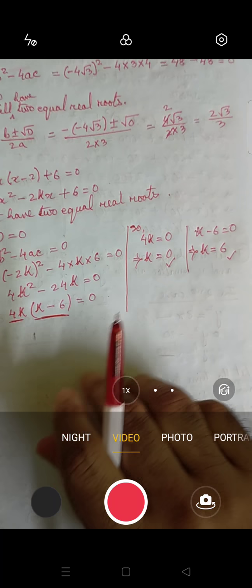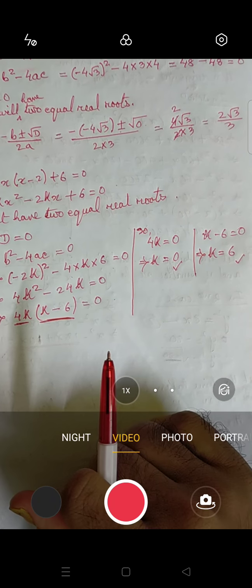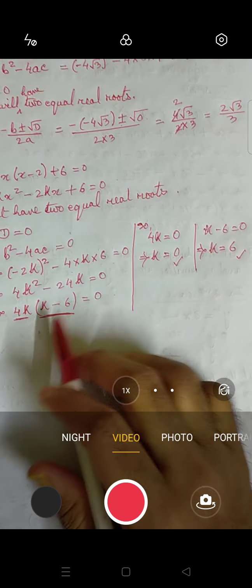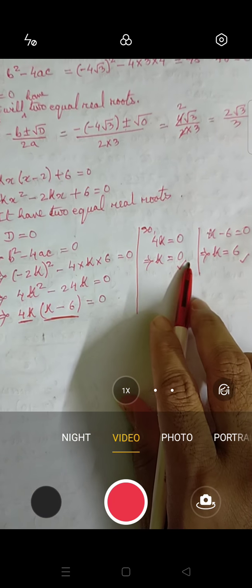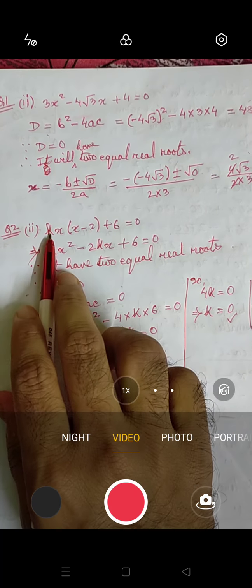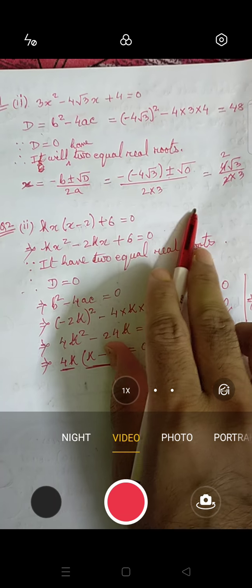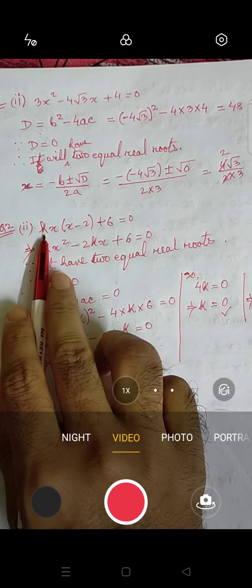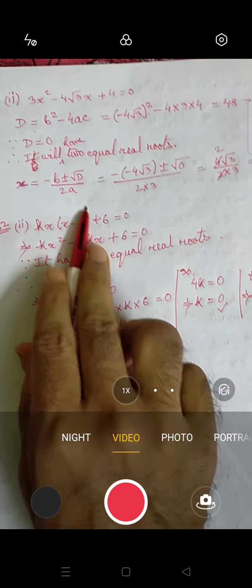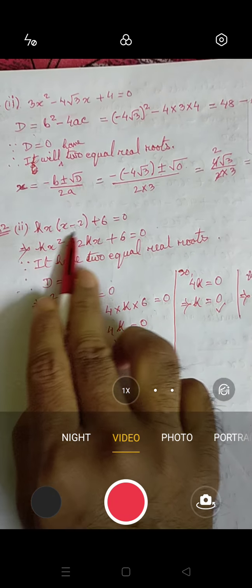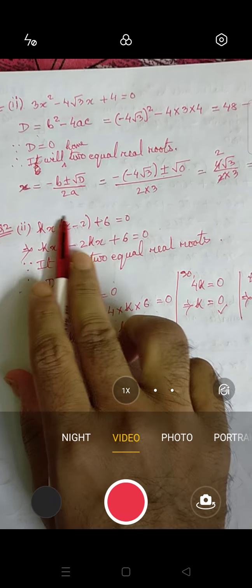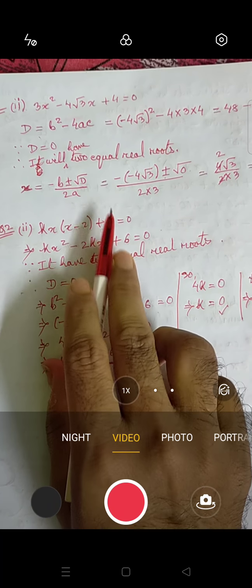So we got two values, 0 and 6. Now we have to see which one will satisfy. Maybe both can satisfy. So let's see. The value of k is 0. If we consider this k, we know that LHS is always equal to RHS. If I take k as 0, 0 into this will become 0, correct? So 0 plus 6 you will be having 6, but RHS is only 0, so this is wrong.